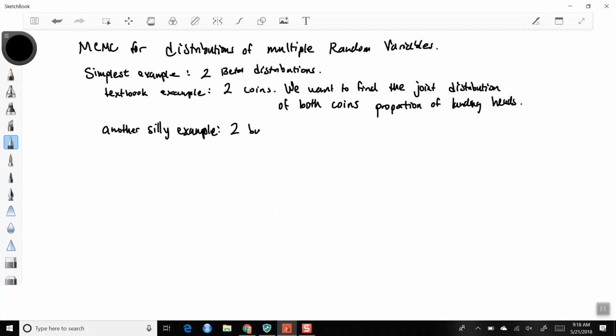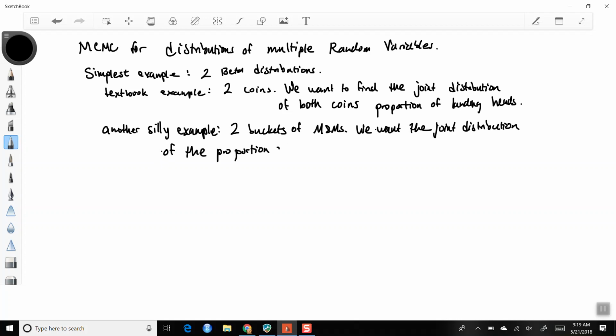We have 2 buckets of M&Ms, and we want the joint distribution of the proportion green in both buckets.